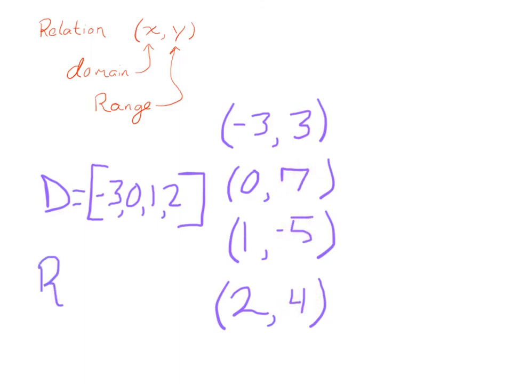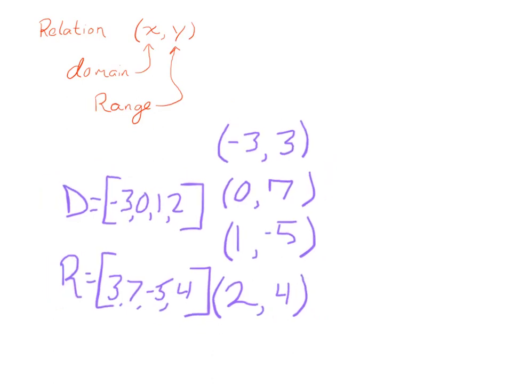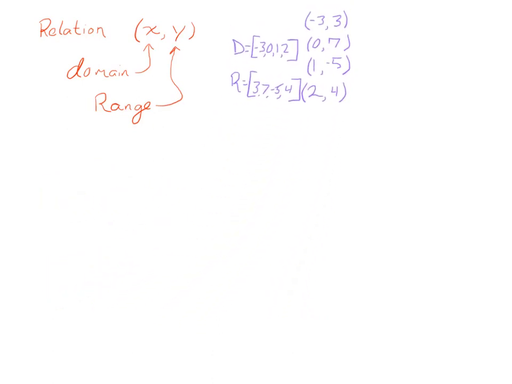So the range is equal to 3, 7, -5, and 4. Now this is the simplest way to think about domain and range. Domain is all of the x values, while the range is all of the y values for what we're looking at.